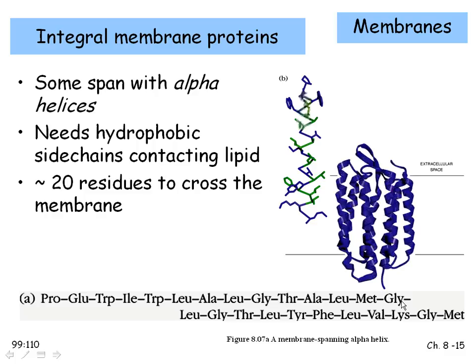Alanine, leucine, methionine, glycine, threonine, another little alcohol there. But then at the end here, you've got a lysine. So you can see at this end and at that end, you've got some charged things. In between, you have things that are only hydrophobic or only weakly polar, like a leucine, like a threonine. And that's a typical kind of transmembrane sequence.